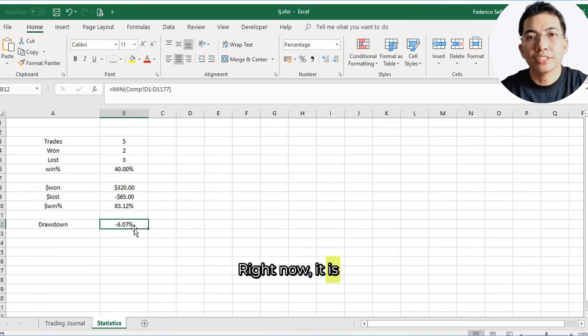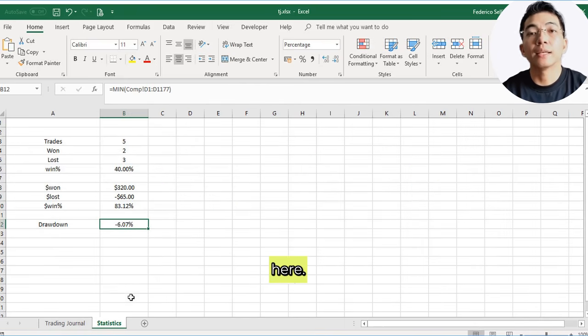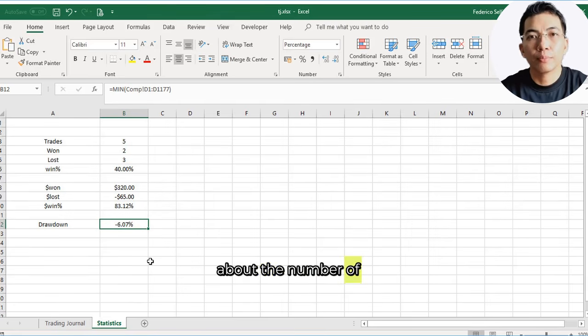Last statistics I have is the drawdown. Right now it is minus 6.07% because we had this losing streak here. You can notice I haven't inserted any statistic about the number of pips, like number of pips you are winning or losing, etc. This is because I don't believe it is quite useful.